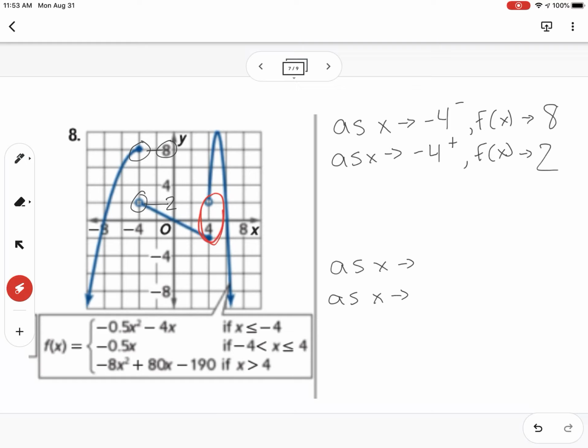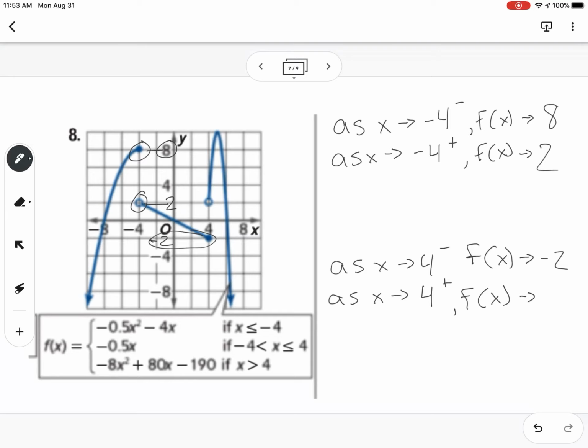For our second jump over here, this one is as x approaches 4. So we got 4 from the left, 4 from the right. Okay. So as it comes from the left is this side. This number is -2 on the y. f of x approaches -2.